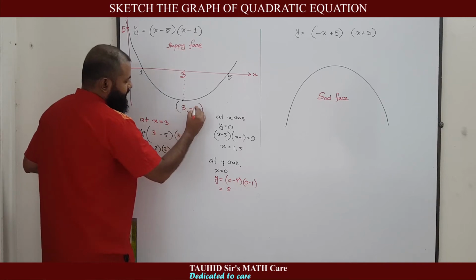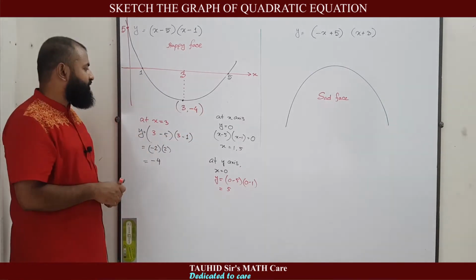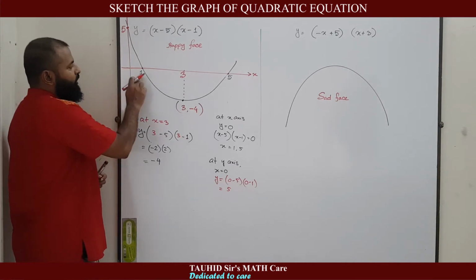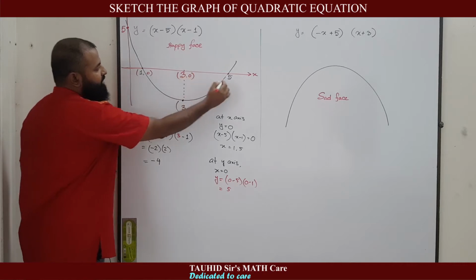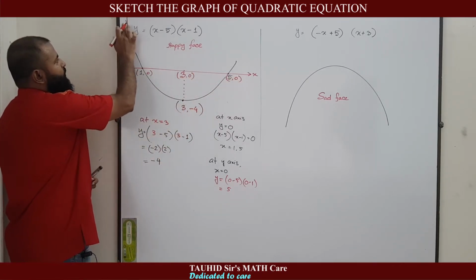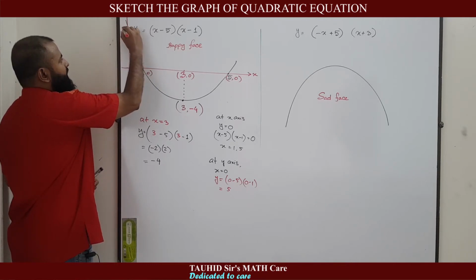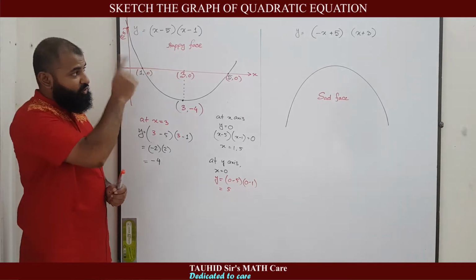So the minimum point has a coordinate of (3, minus 4). This point is (1, 0), this point is (3, 0), this point is (5, 0), and this point is (0, 5). Now let's see another example, this time for a sad face.